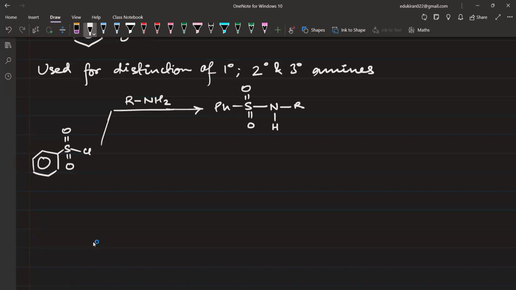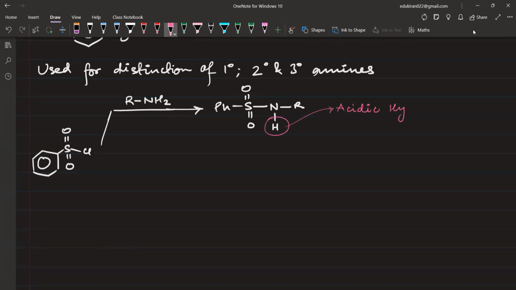Okay. Now, if you look at this particular hydrogen atom here, if you remove this hydrogen, nitrogen is going to get a negative charge. This negative charge will be resonance stabilized with this oxygen atom and further resonance stabilized by the benzene ring. That means we can easily remove this hydrogen, and this nitrogen can easily get a negative charge. So this hydrogen is an acidic hydrogen.